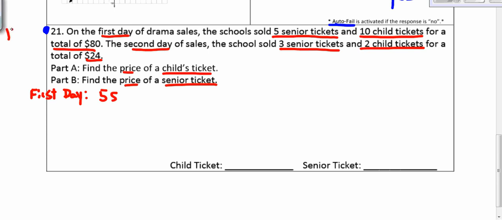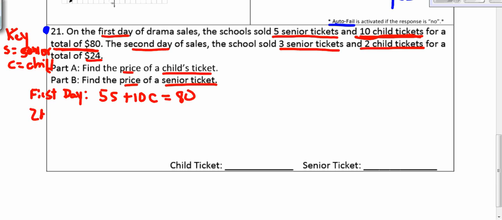So you make a key and put S as senior, and then C equals child. All right, so it's 5S plus 10C for 10 child tickets right here, and then the total was $80.